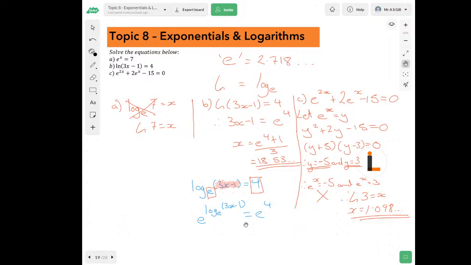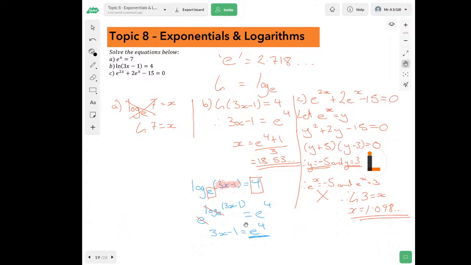And what happens is, because e and log base e are inverse operations, just like multiply and divide are inverse operations, they cancel out. So what we're then left with is 3x minus 1 is equal to e to the 4. And that's where that e to the 4 comes from.